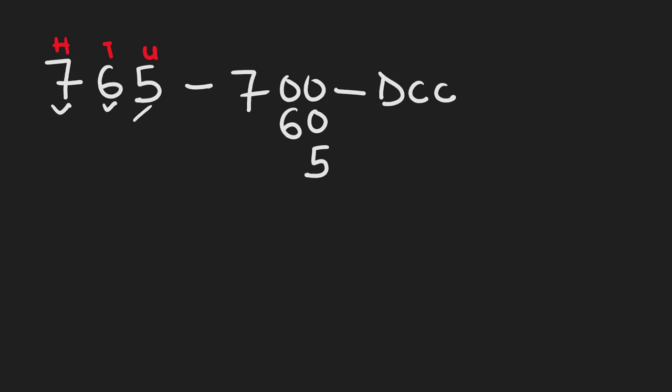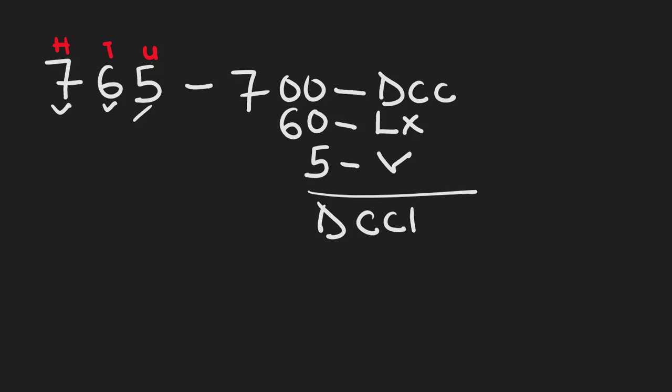Is that not? Then 60 in Roman numerals is 50 plus 10. And 5 is V. So it will give us what? D, C, C, L, X, V. Can you see? So this is 765 in Roman numerals.